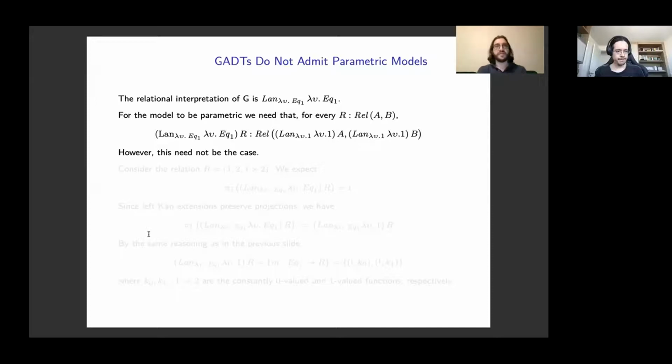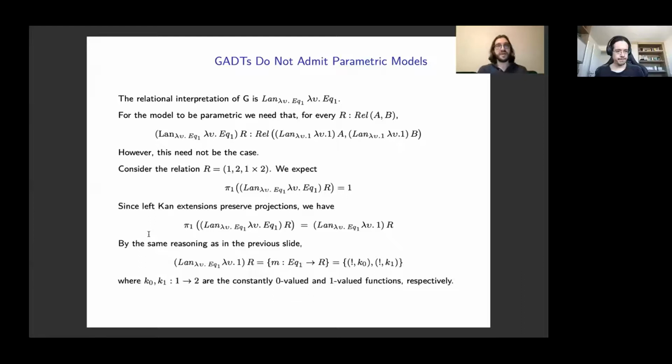Let's consider the relational interpretation of the type G from the previous slide. That is given by a Lan extension of functors or of relations. Consider now the total relation over 1 and 2. We expect the domain of the relational interpretation to be that given by the set interpretation, in this case 1.